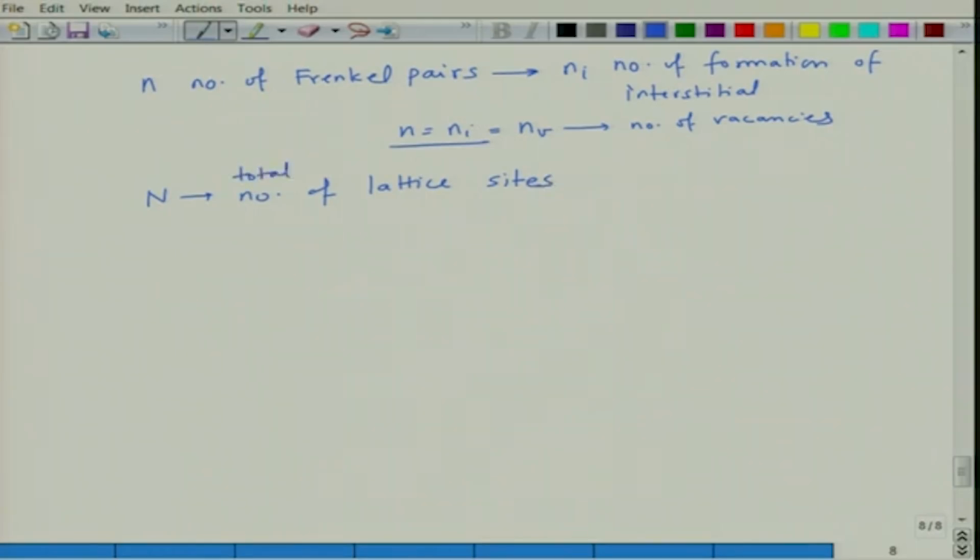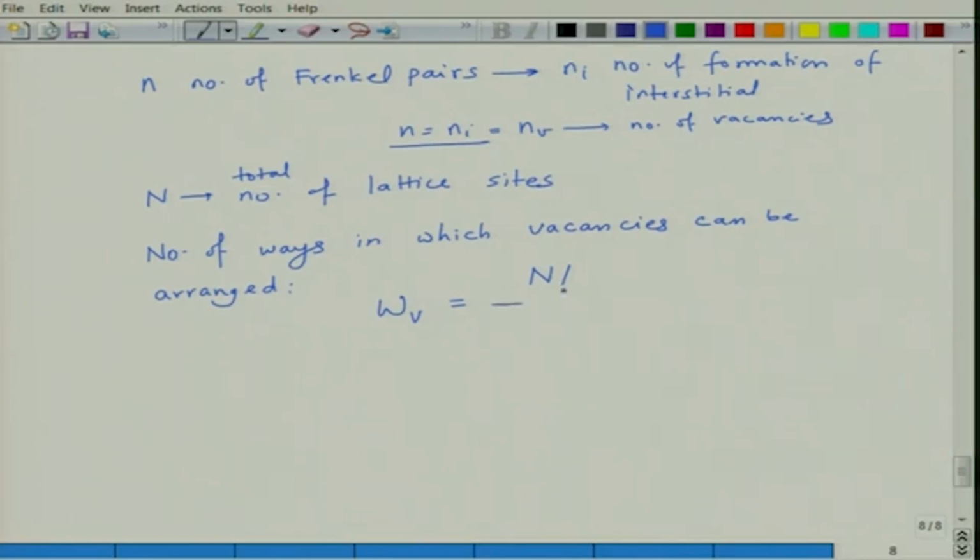Okay. So, the number of ways to arrange the vacancies, let us say this is equal to W_v. So, W_v will be equal to factorial N divided by factorial small n into factorial of capital N minus small n_v, which is equal to small n.